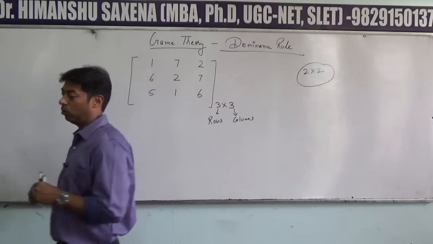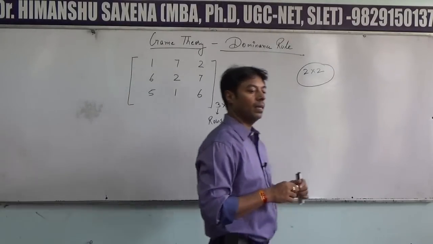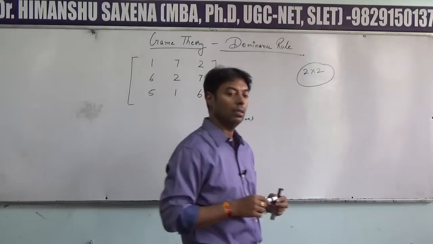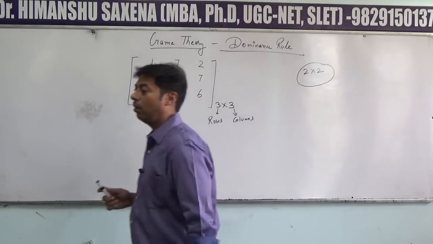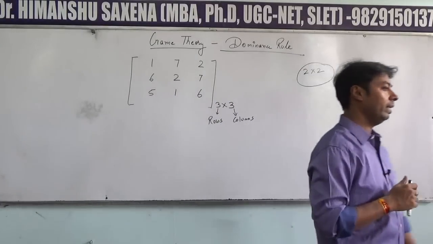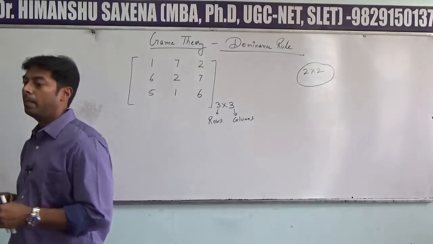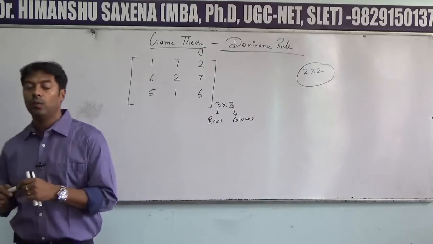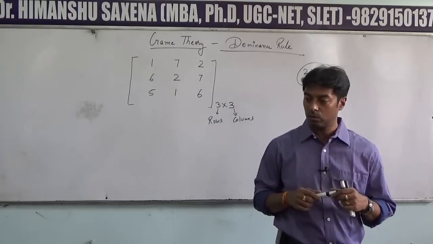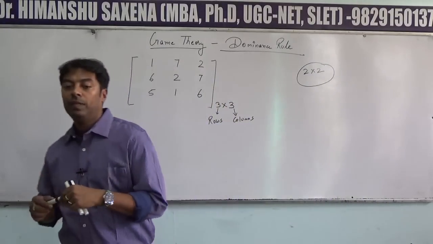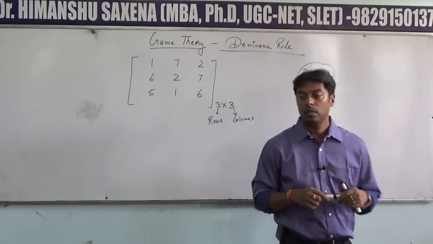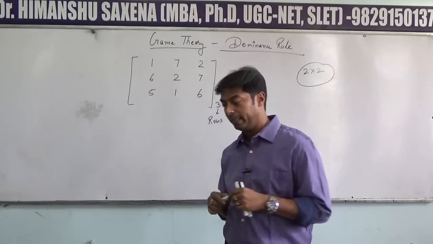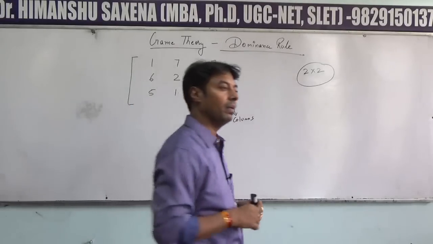If all the elements of a row are less than or equal to the corresponding elements of the another row, then the row with lesser values is dominated and hence deleted. The row with lesser values is dominated and hence deleted.